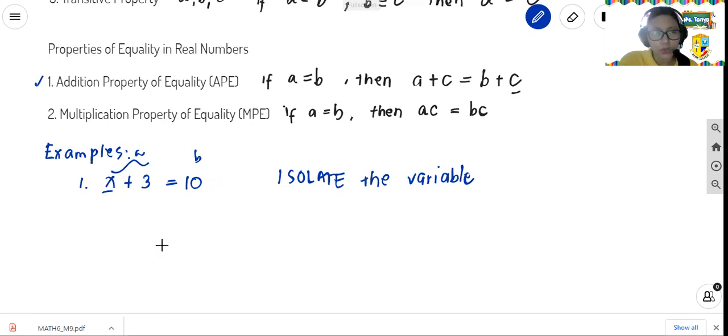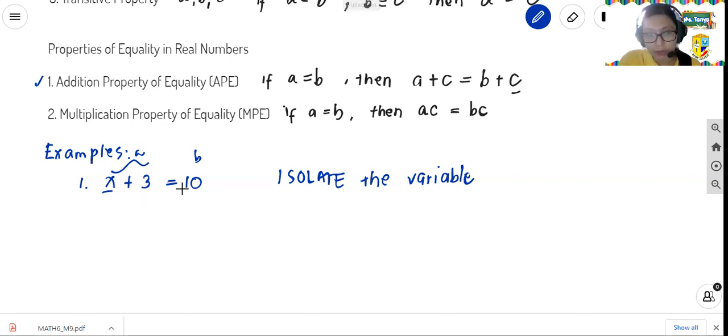Okay? So I want to get rid of the positive 3. I need to add the opposite of positive 3, because according to the inverse property of addition, the inverse of a positive number is a negative number, and the sum will yield 0.